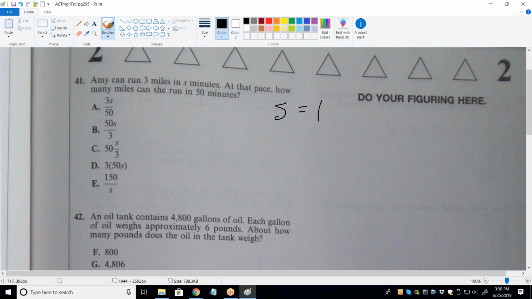How many miles is she going to run in 50 minutes? 150. So now we assume s is 1 and check all 5 answers to see which one is equal to 150. That's right, and it is number D. But notice it's also E.